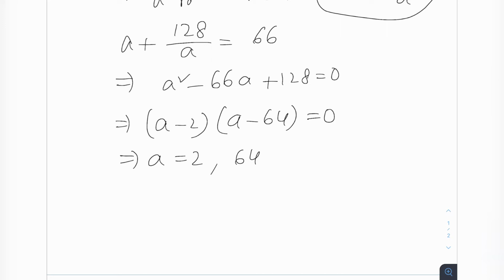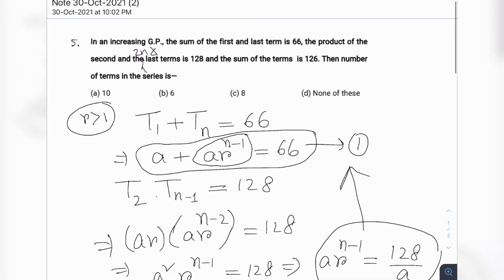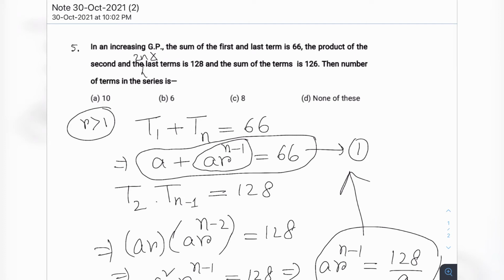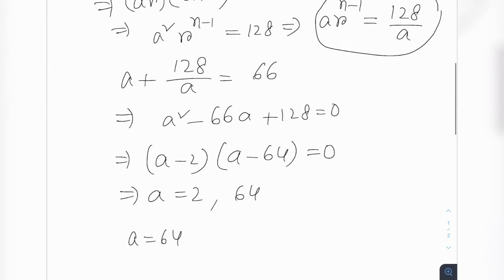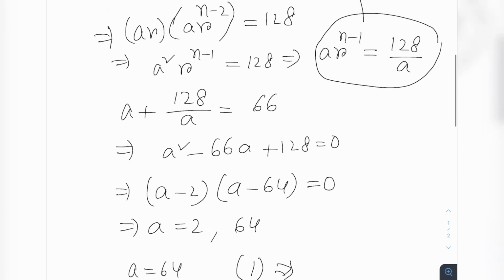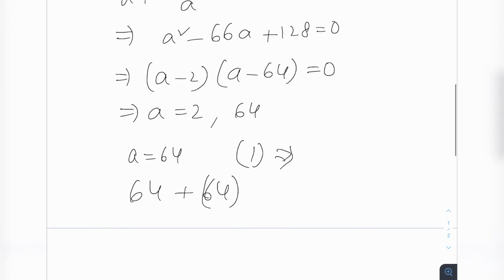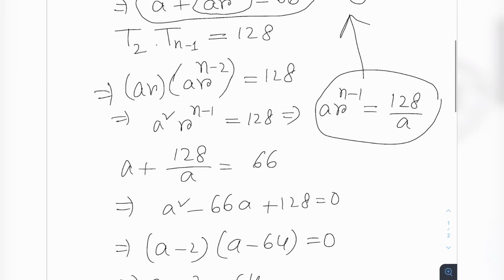a 64 যদি হয় তাহলে রিলেশন 1-এ a equals 64 যদি বসাই তাহলে 64 plus 64 into r to the power n minus 1 will be 66, right?